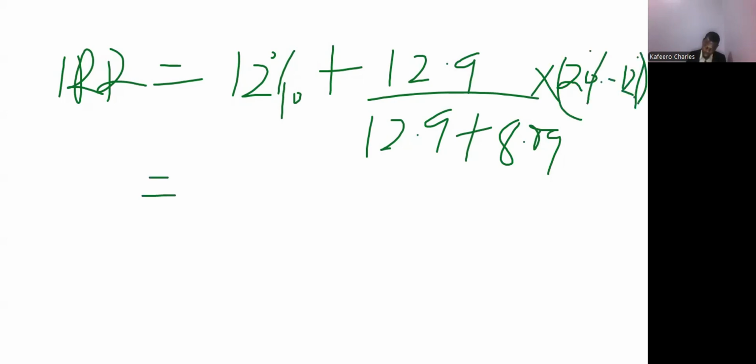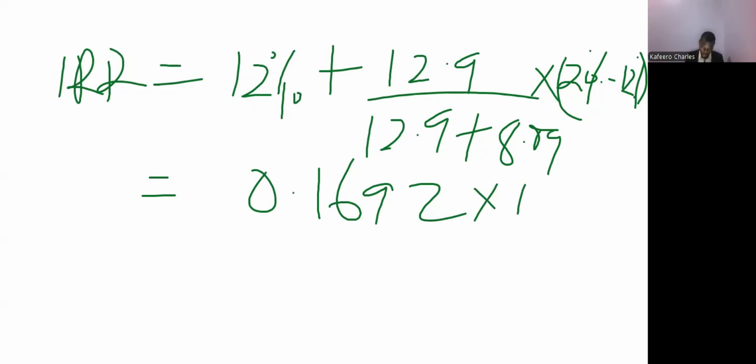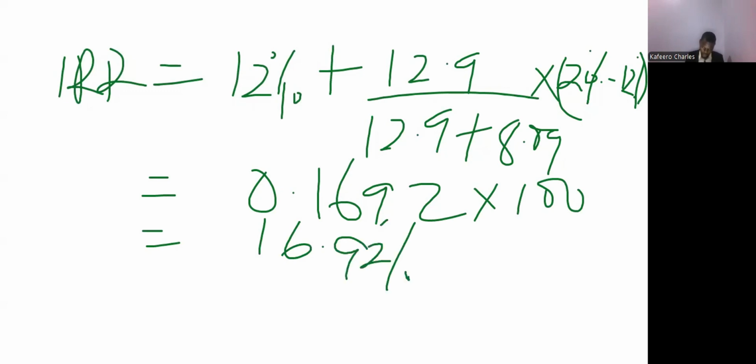When you put that in your calculator, this is going to give you 0.1692. So when you convert it to 100, that is 16.92%. But remember, we need to adjust this for tax.